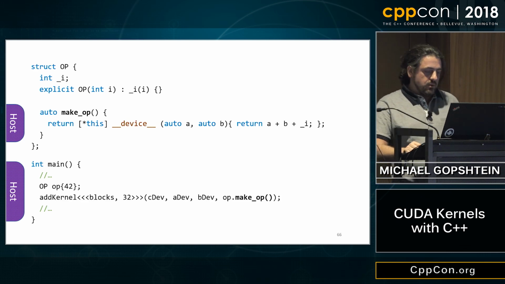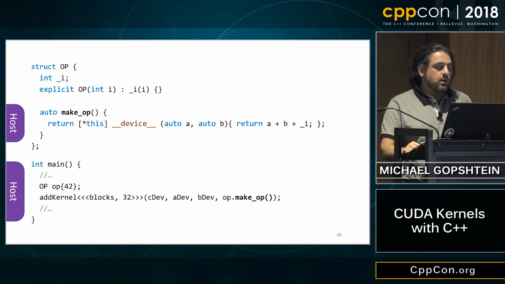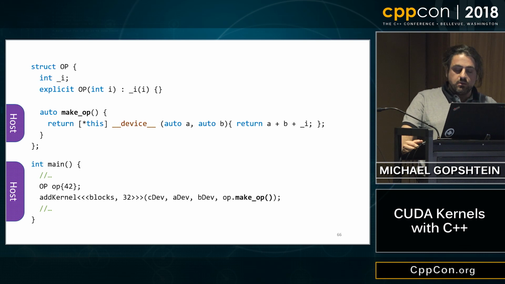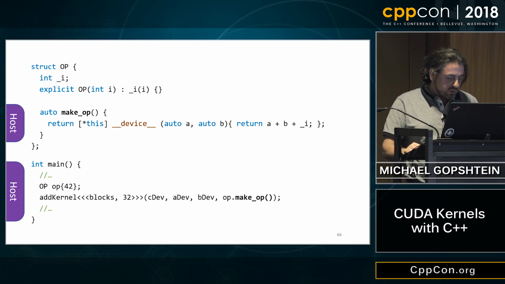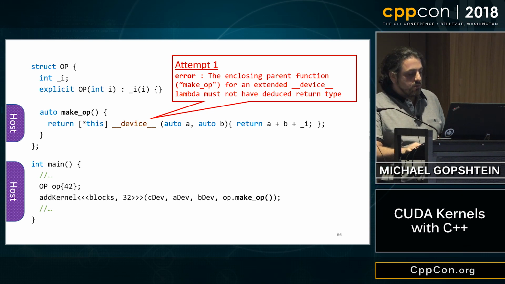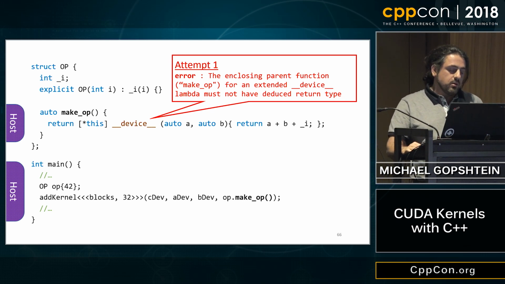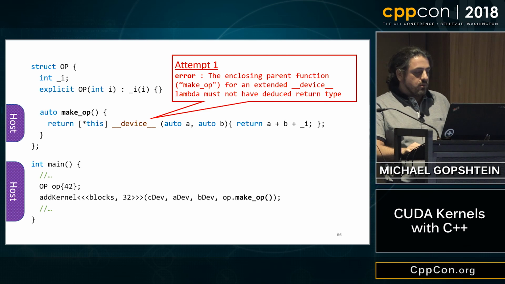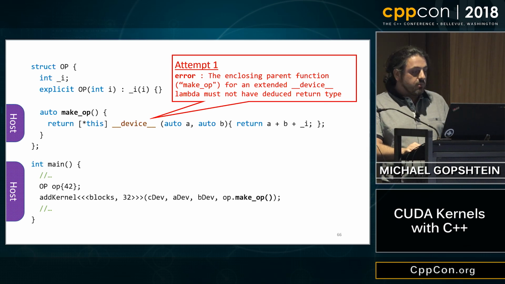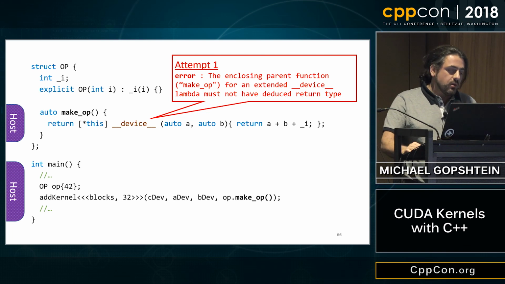Let's try to do it straightforward, to take the Lambda from the struct and send it to a kernel function. And the problem is that it fails in compile time because we can't return an auto. We can't return a Lambda, an extended Lambda, as auto from the function. And that's a limitation also in the CUDA compiler.